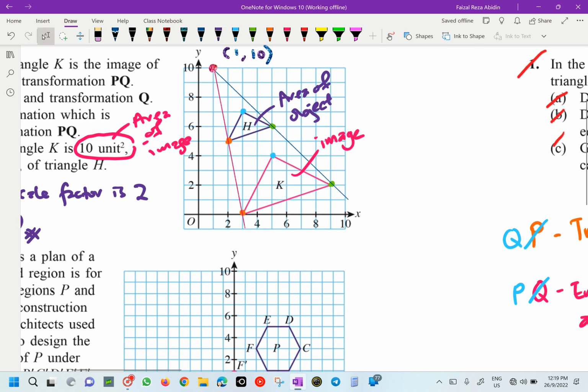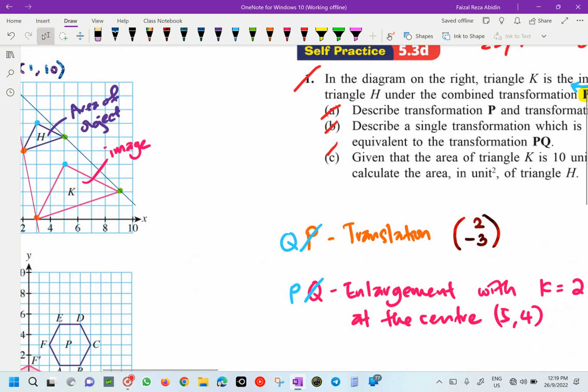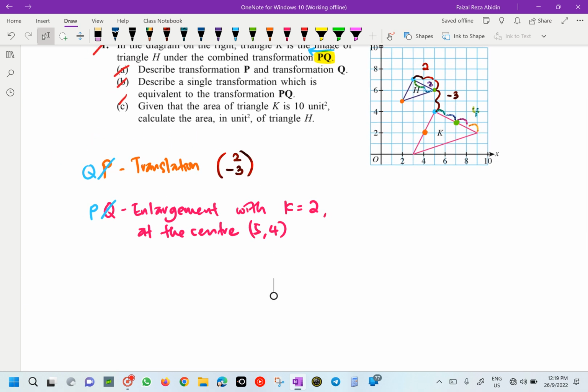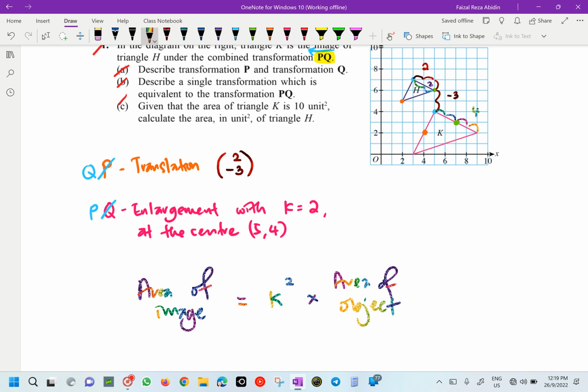What is that? Area of image equals k square times the area of object. Relax. The area of image equals k square times the area of object. So the question gives us the image.